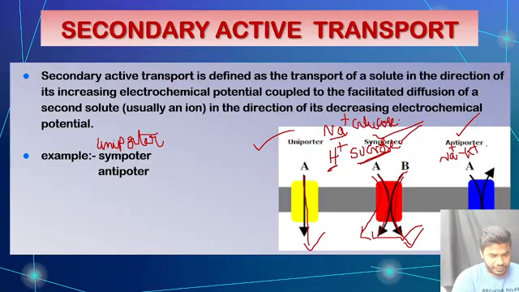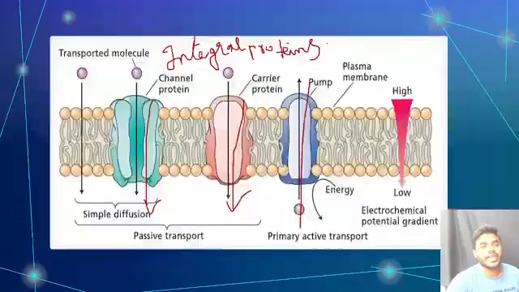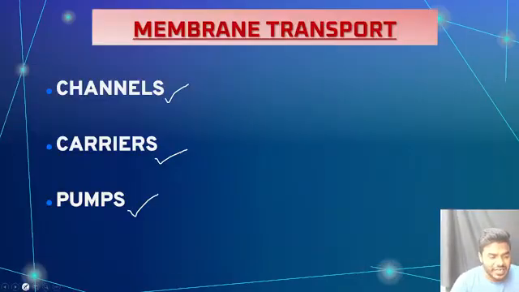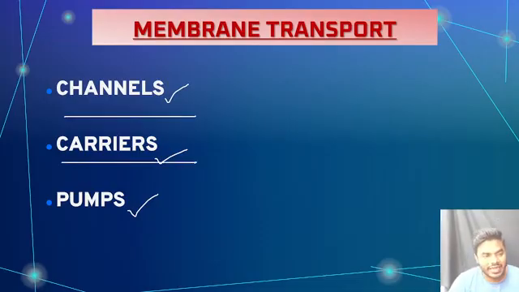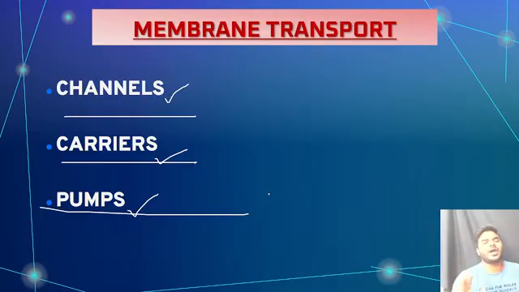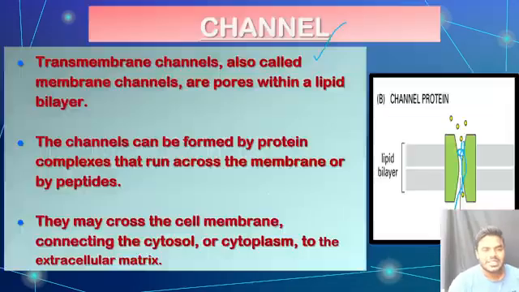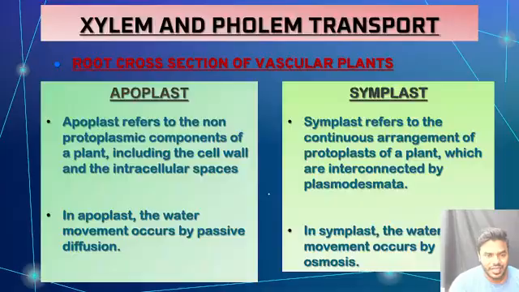So friends, right now we have studied the transporter molecules present on the plasma membrane which are responsible for the movement of the ions, like channels, carriers and pumps. Now we have to study how water is moving, how ions and minerals are moving through the xylem, how food is getting transported through the phloem. This is the most important point where we can expect the questions.